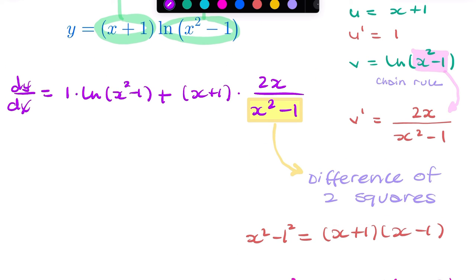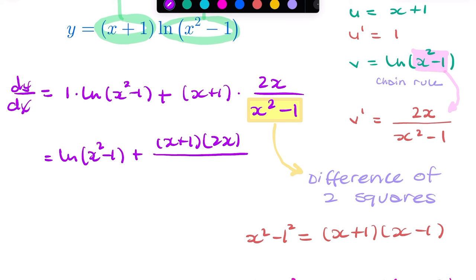So my expression for dy by dx, I can get rid of the 1. It's simply ln x squared minus 1 plus x plus 1 times 2x divided by... So this I can put up there in the numerator, and in the denominator I'll have x plus 1 times x minus 1.